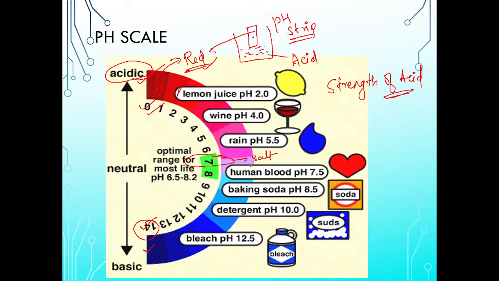A basic salt can be there, an acidic salt can be there, and so on. So neutral is at 7 and acidic goes up to 0, that is, less than 7. A pH of less than 7 is acidic and a pH of greater than 7 will always be a base.